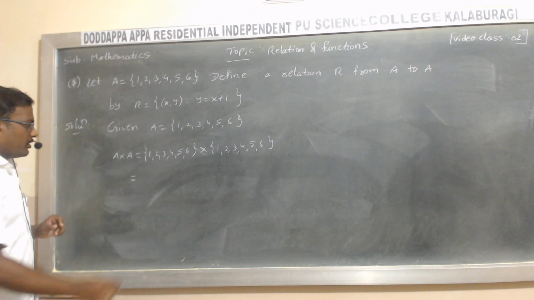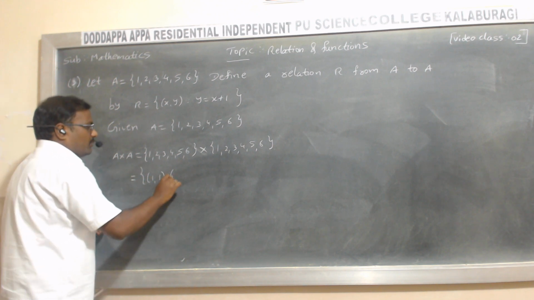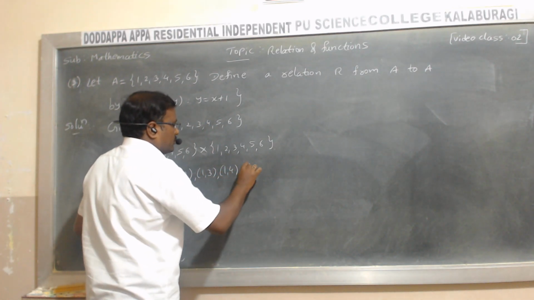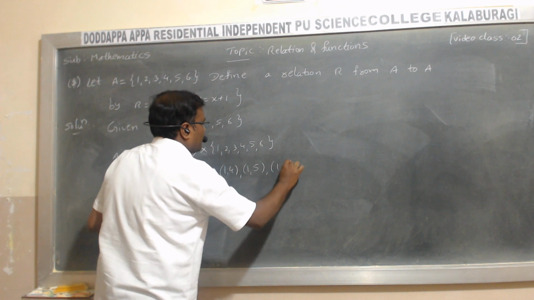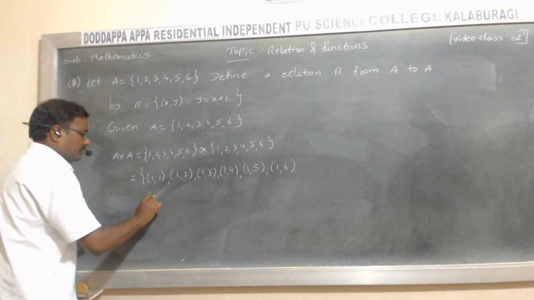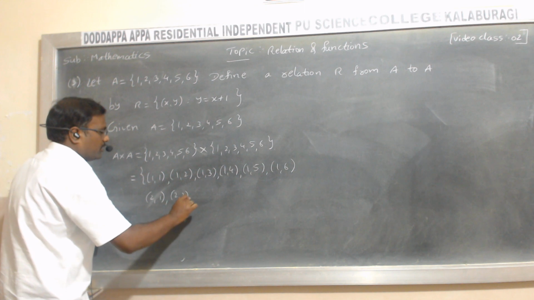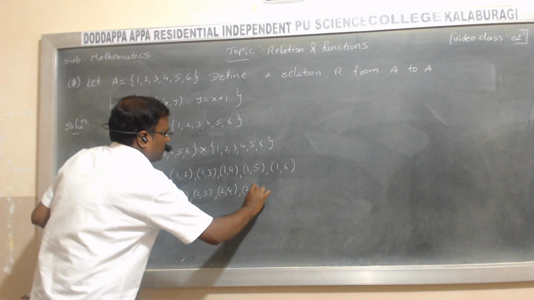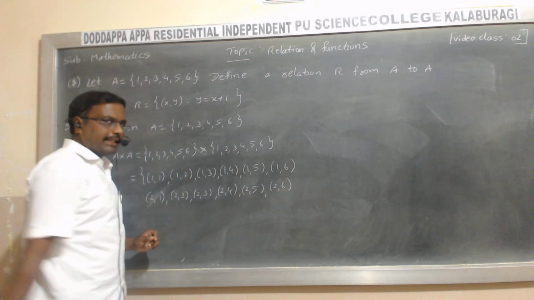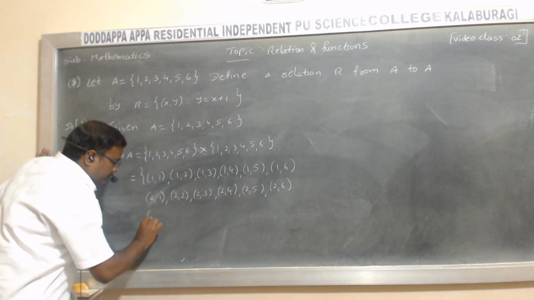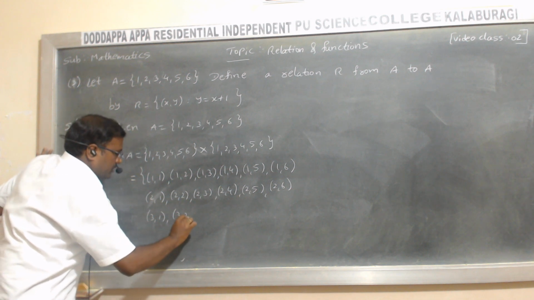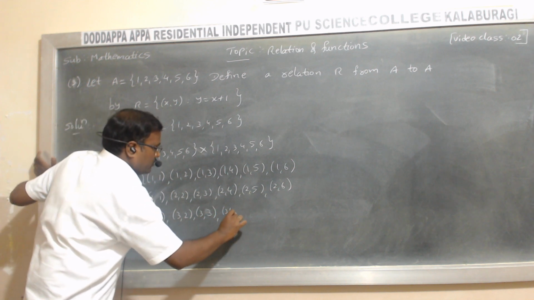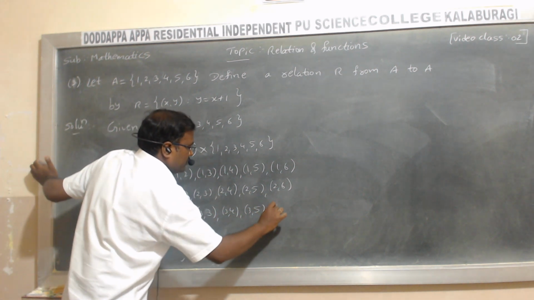Now find the Cartesian product. (1,1), (1,2), (1,3), (1,4), (1,5), (1,6). Next the second element: (2,1), (2,2), (2,3), (2,4), (2,5), (2,6). Next the third element: (3,1), (3,2), (3,3), (3,4), (3,5), (3,6).